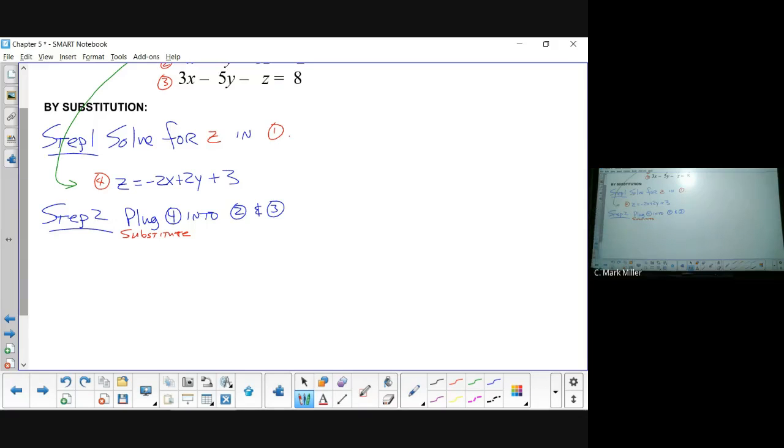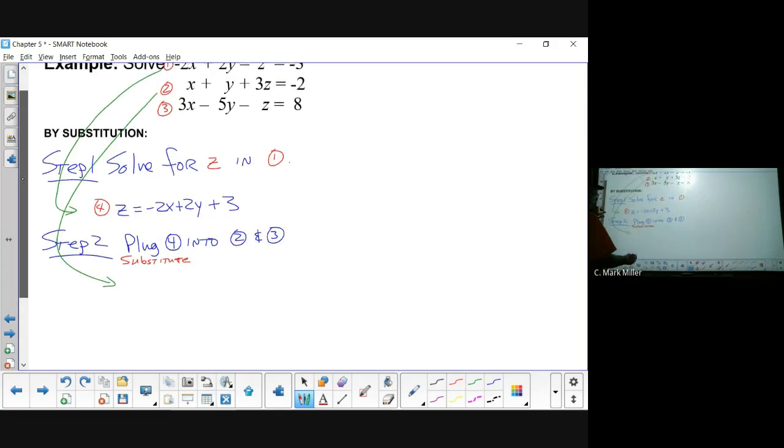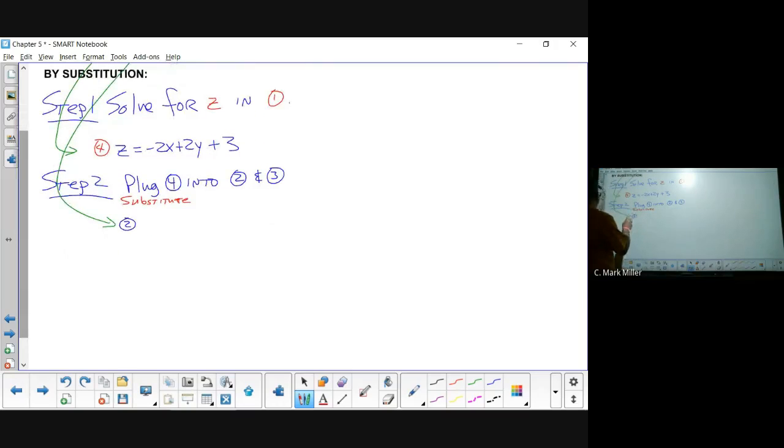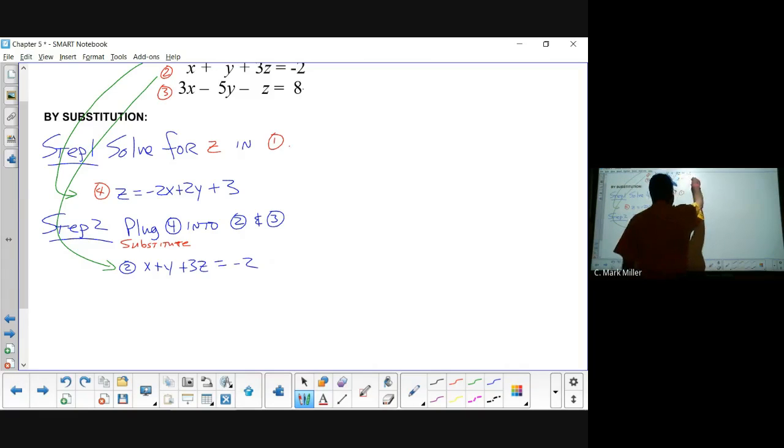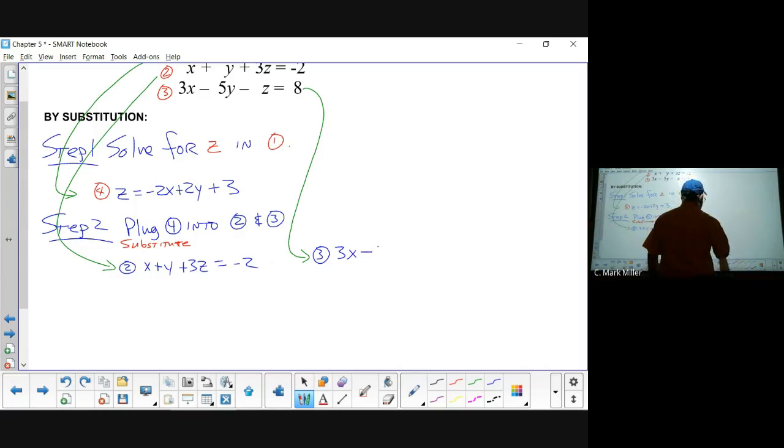Now watch. So equation 2 is going to go here, right? And that is 2x plus y plus 3z equal minus 2. And then I'm going to plug it into equation 3. 3 is 3x minus 5y minus z equal 8. Don't forget what I told you.